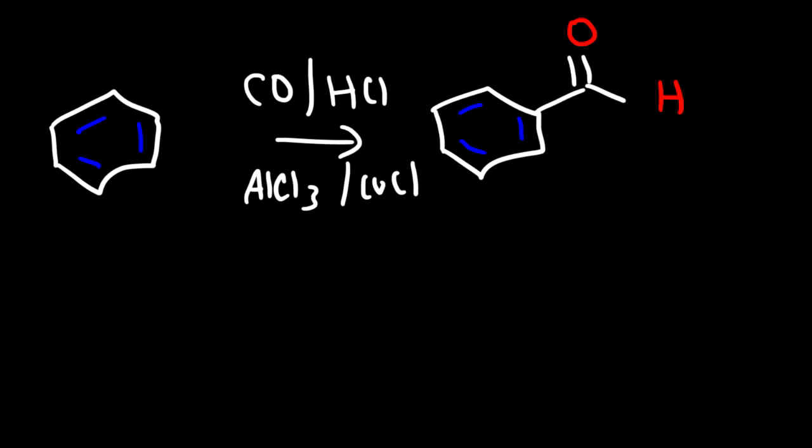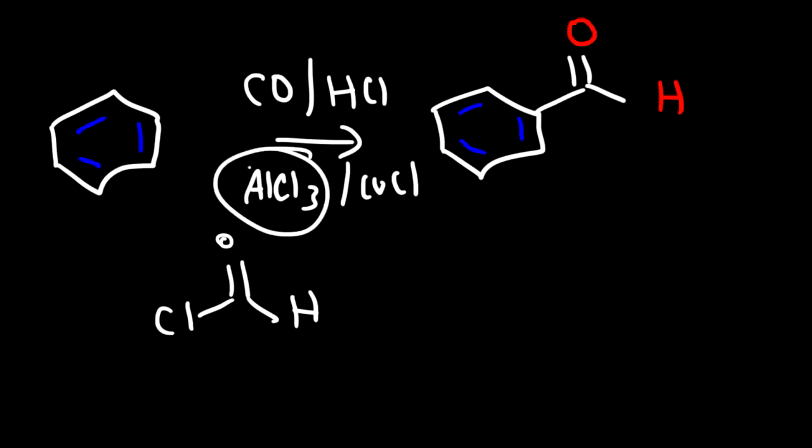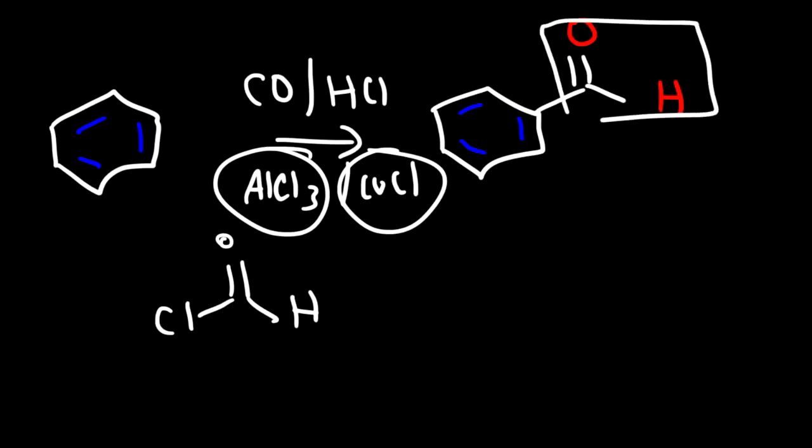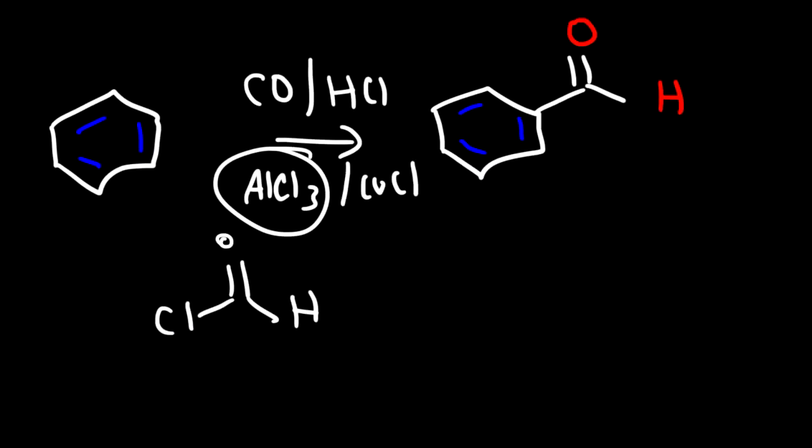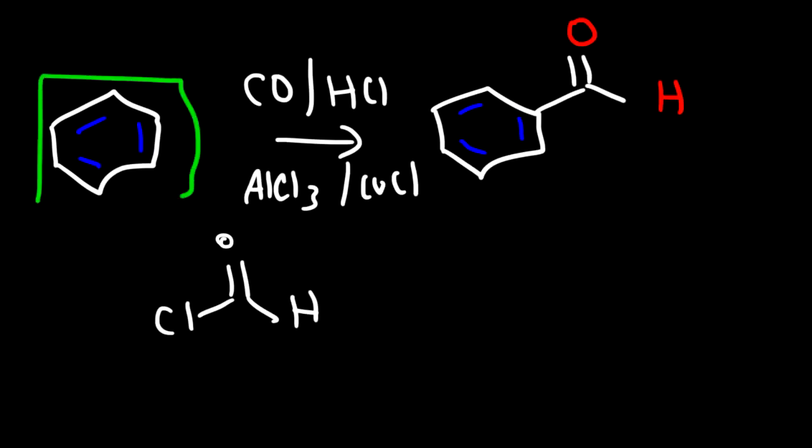It works in a similar way to the Friedel-Crafts acylation reaction. These two will make an unstable acid chloride called formyl chloride, and then this will react with this catalyst and that one too to basically put an aldehyde functional group. The chlorine atom is going to leave. And so that's the basic idea behind the Gattermann-Koch reaction. So that's how you can convert benzene into benzaldehyde.